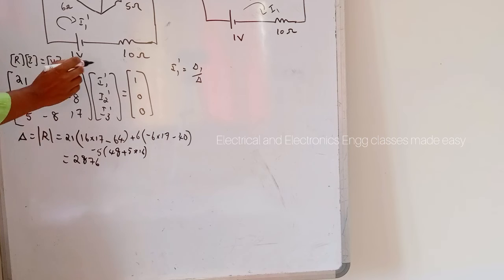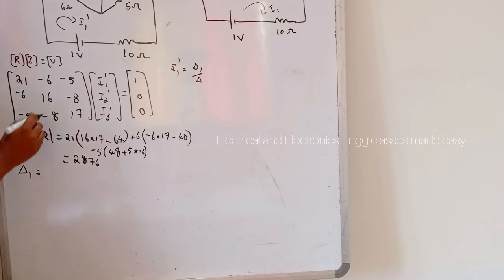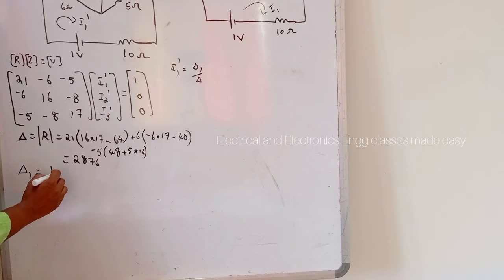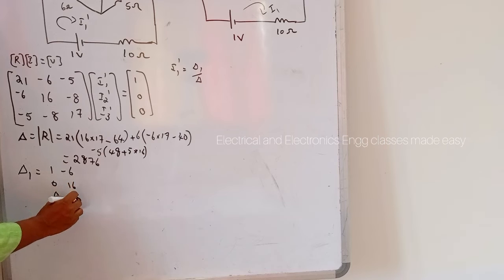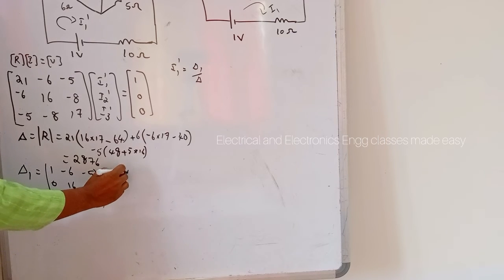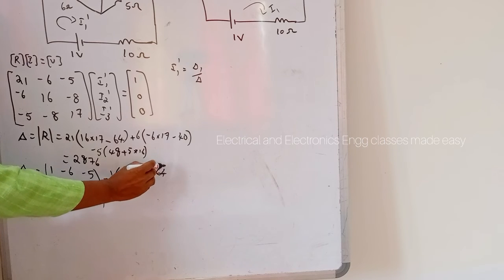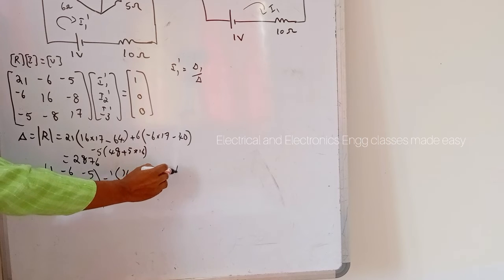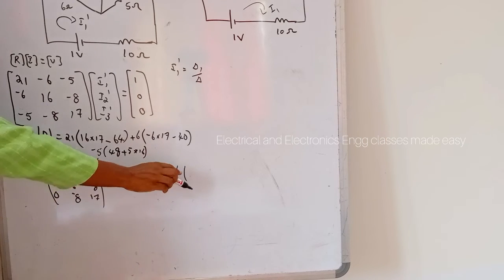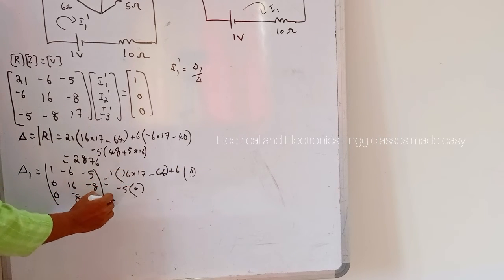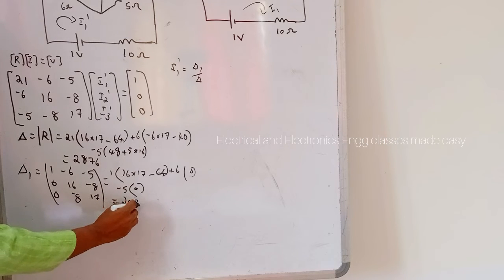2876. Then to find the value of delta 1, change the first column elements with the voltage elements, that is 1 0 0, minus 6 16 minus 8, then minus 5 minus 8 17, equal to 1 into 16 into 17 minus 64, then plus 6 into 0, then minus 5 into 0, that is equal to 208.